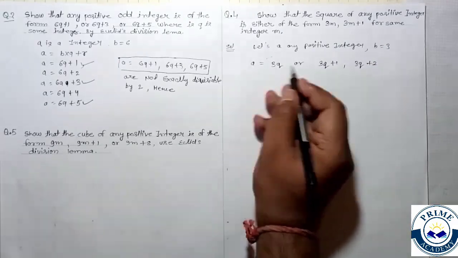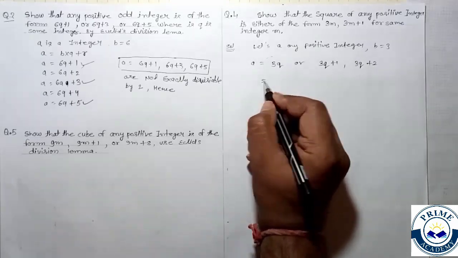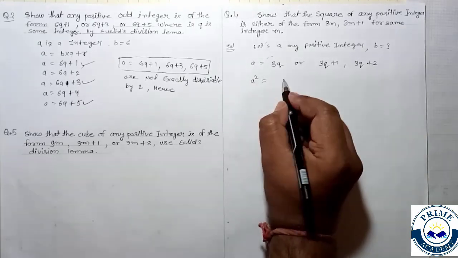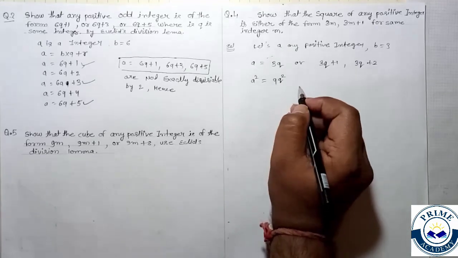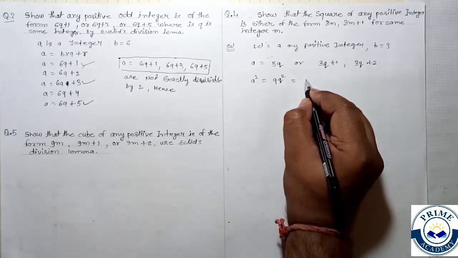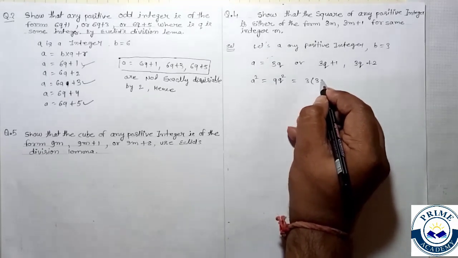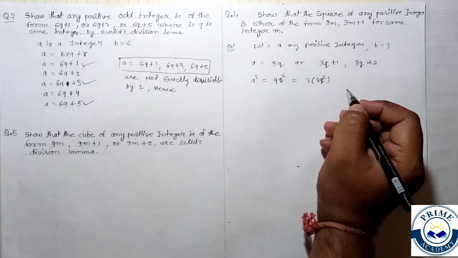So by squaring, what will you get? a square is 9q square, right? So this 9q square I can write as 3 into 3q square.